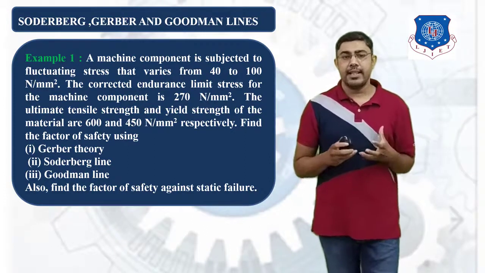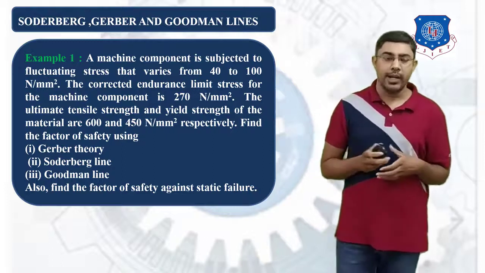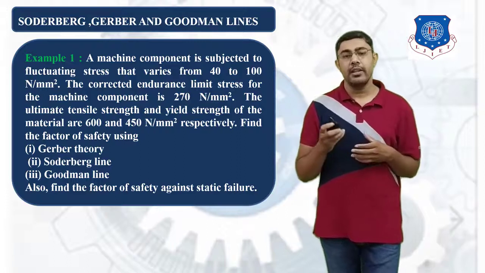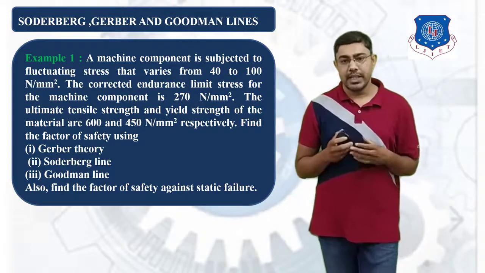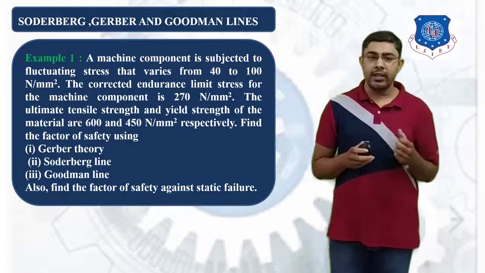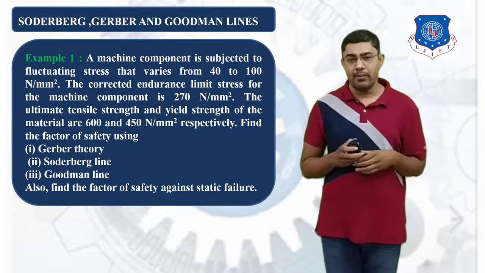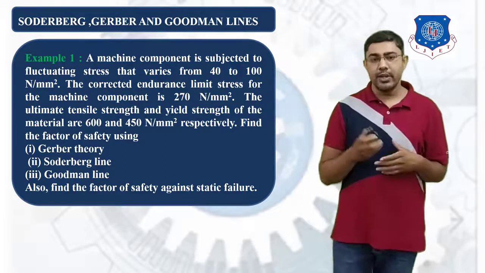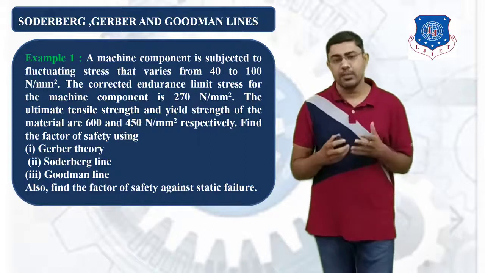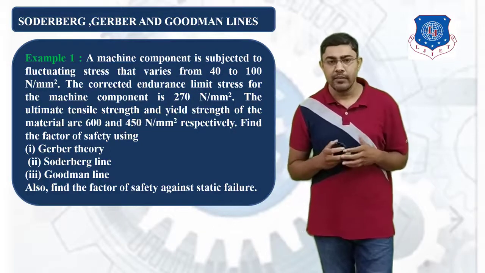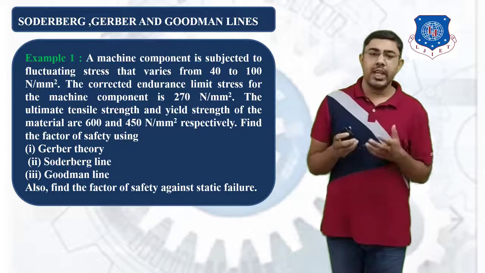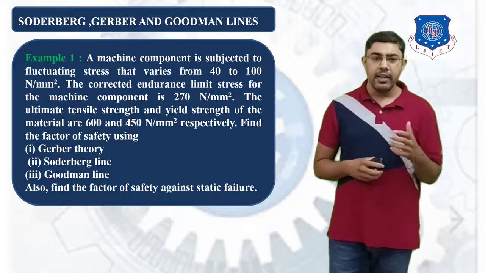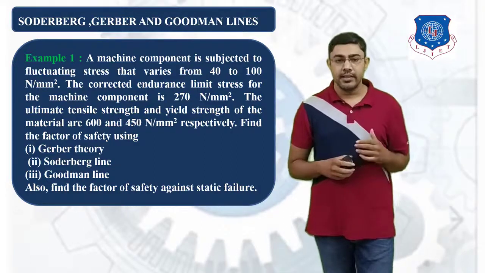The ultimate tensile strength and yield strength of the material are 600 Newton per mm square and 450 Newton per mm square respectively. Find the factor of safety using first the Gerber theory, second the Soderberg line theory, and third the Goodman line theory.